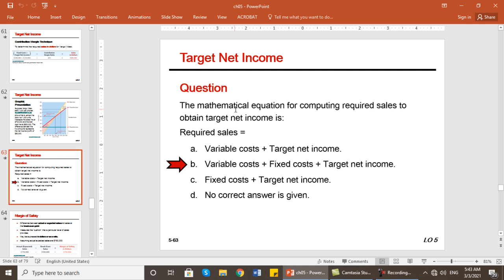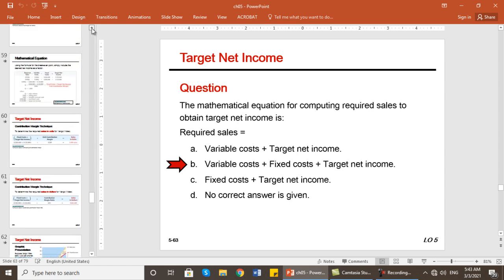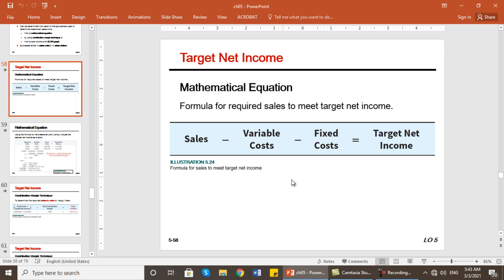Multiple choice. The mathematical equation for computing required sales to obtain target net income is, as we learned here: target sales will equal variable cost plus fixed cost plus target net income.